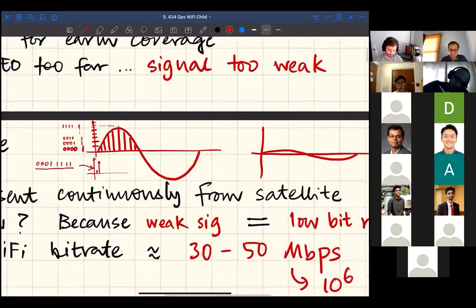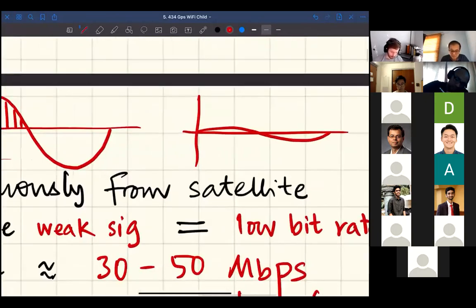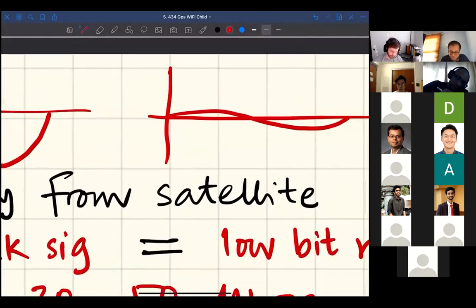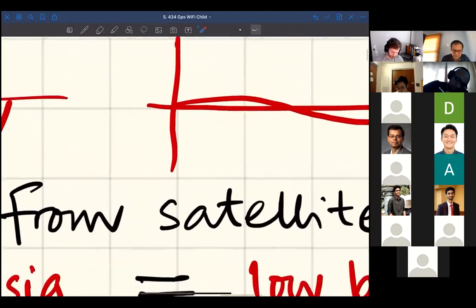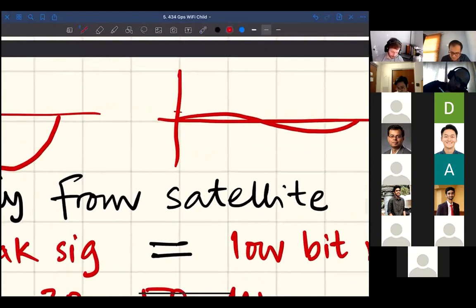But if the signal is weak, then you do not have too much amplitude over here. Your amplitude is very low. You cannot divide this y-axis into fine-grained levels, right? So in this case, you might only be able to divide the y-axis into 2, and you say, look, it's either 0 or 1.